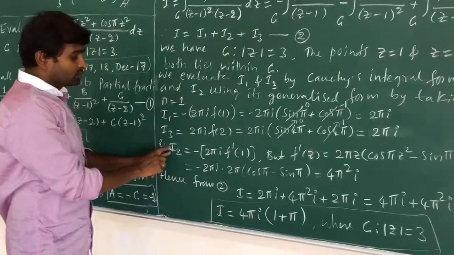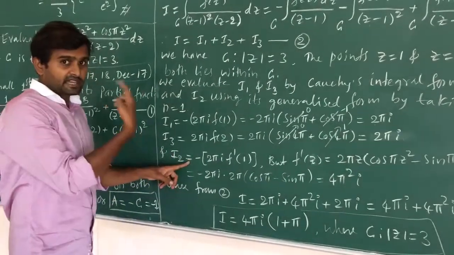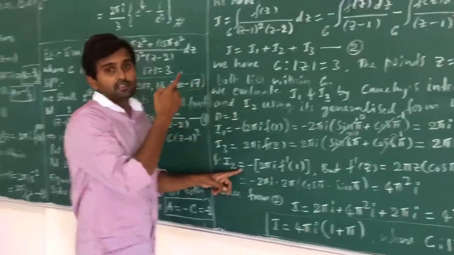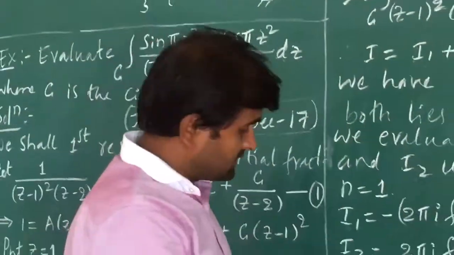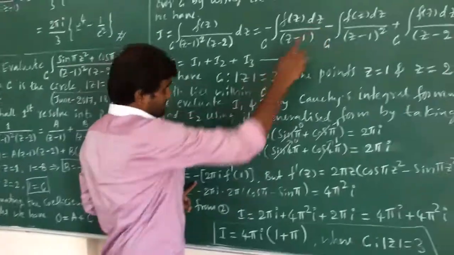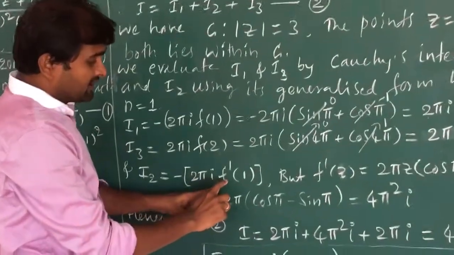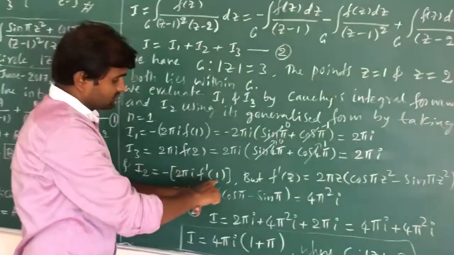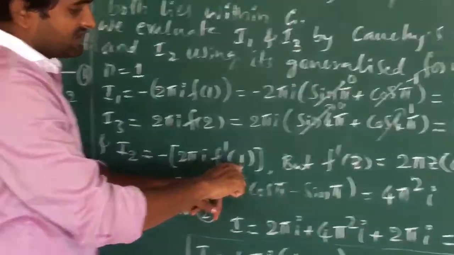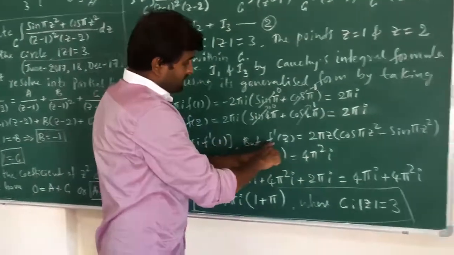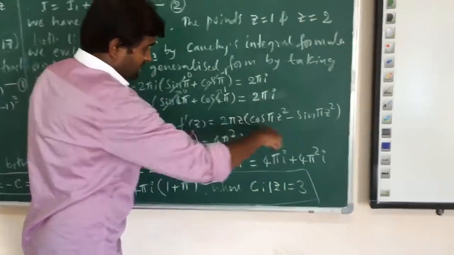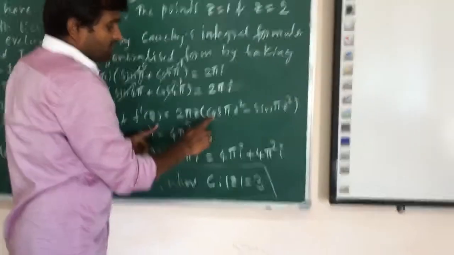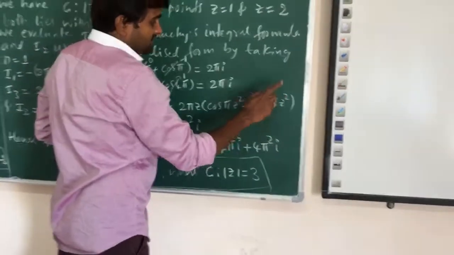Now I2 is of second degree, so we use Cauchy's generalized form: minus 2 pi I into f dash of a. So f dash of 1, where a is 1. Differentiating f of z, f dash of z is 2 pi z into cos pi z square minus sin pi z square.